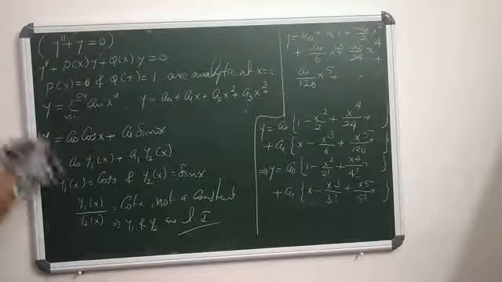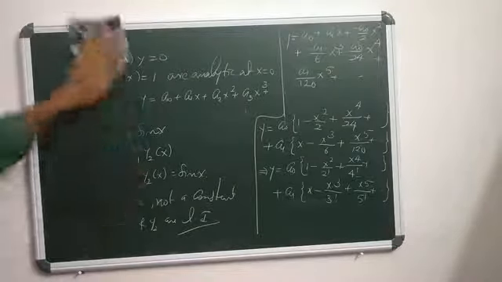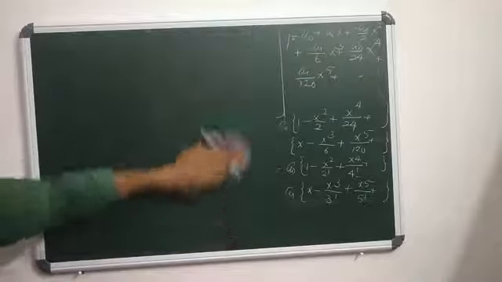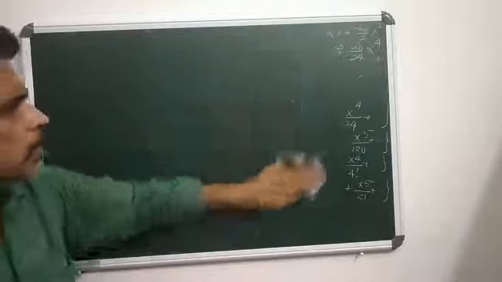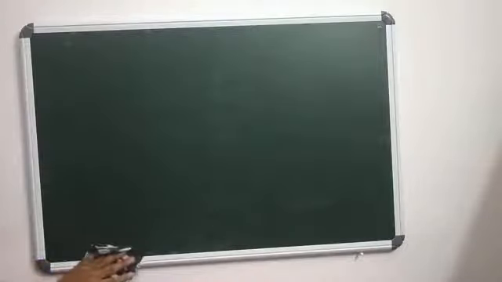Okay. Now consider another one, the Legendre equation. What is the Legendre equation? In the previous class we already discussed it. It is of the form 1 minus x square into y double dash minus 2xy dash plus p into p plus 1 into y equals 0.